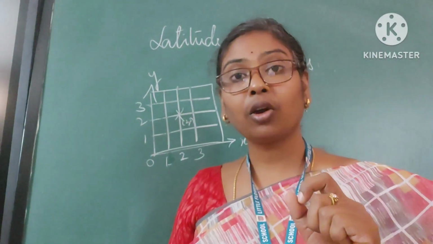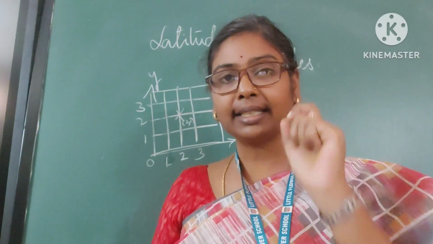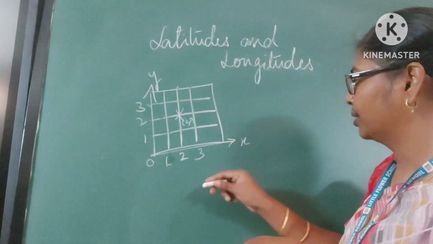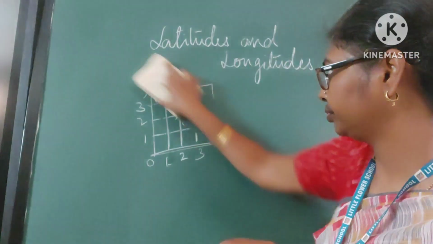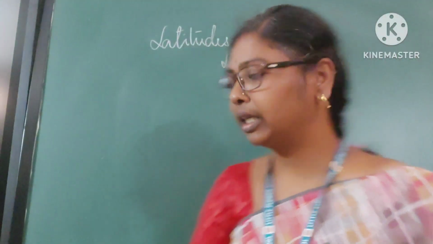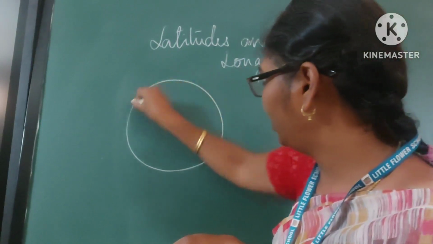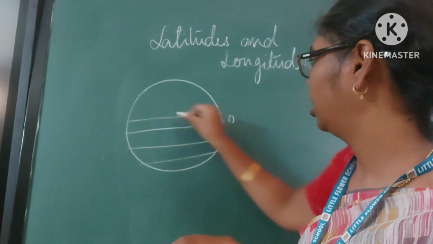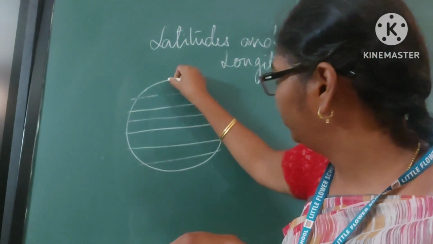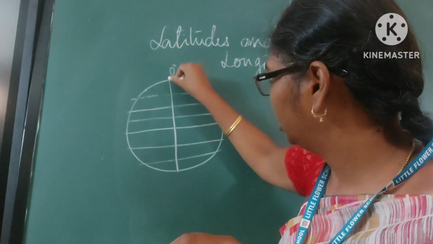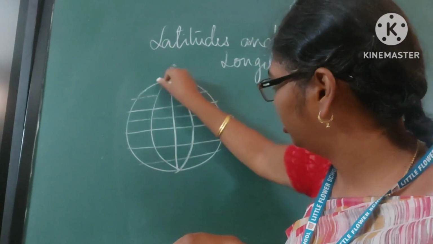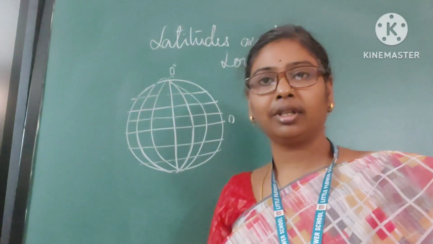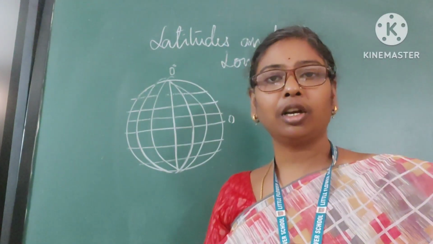Similarly, for the earth also, all the places are an intersection of the latitudes and longitudes. Even on the earth we have parallels of latitude and meridians of longitude.